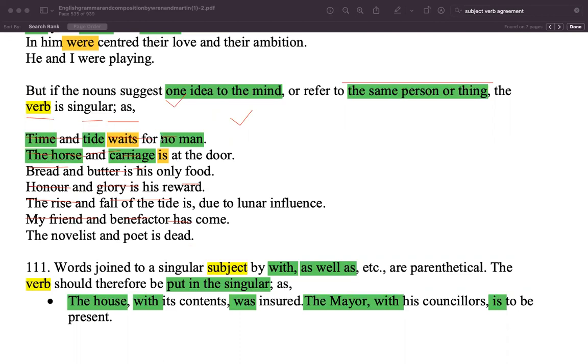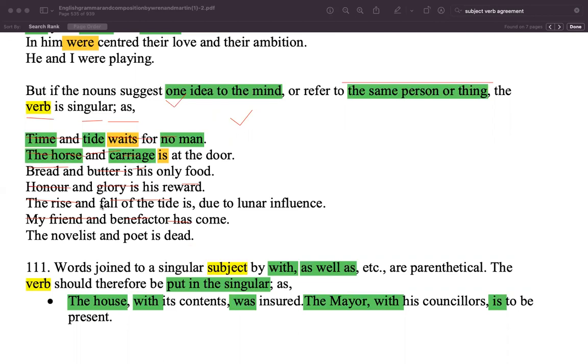But what is their action? Their action is one, isn't it? They do one job. Like time and tide waits for none. Horse and carriage does the job of what? Taking somebody. Bread and butter is used for food. Honor and glory is his reward.